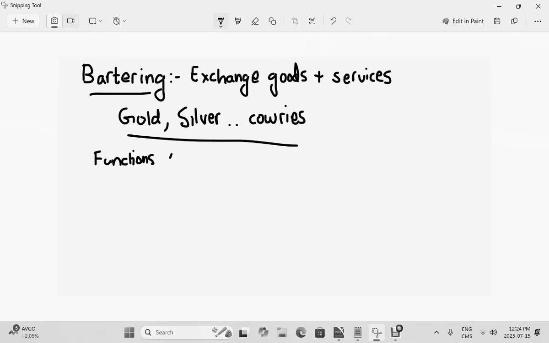So these are the functions of money or cash. Number one, this is a medium of exchange.